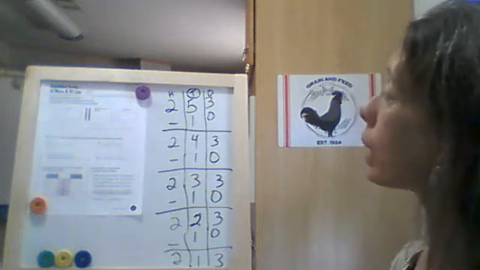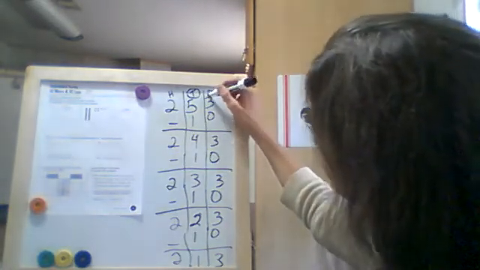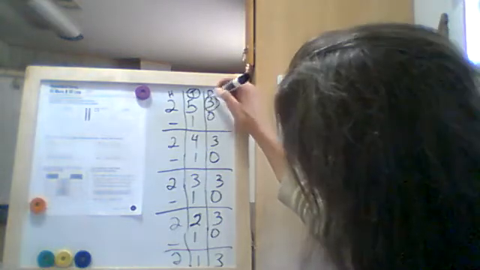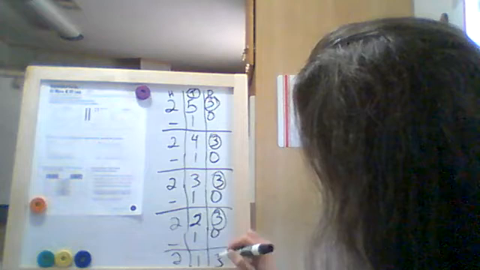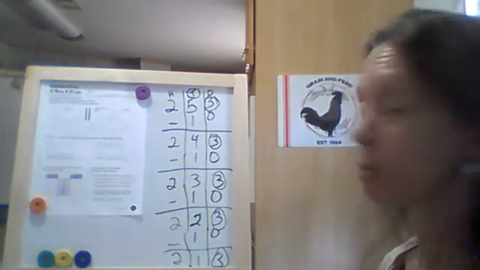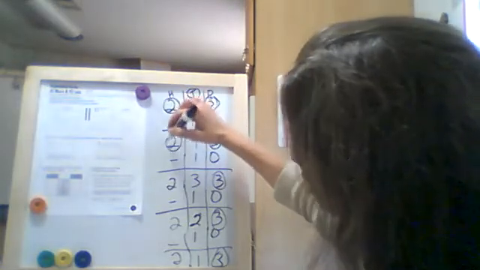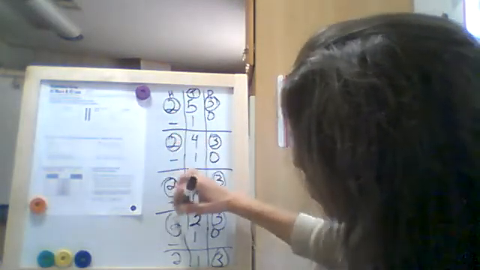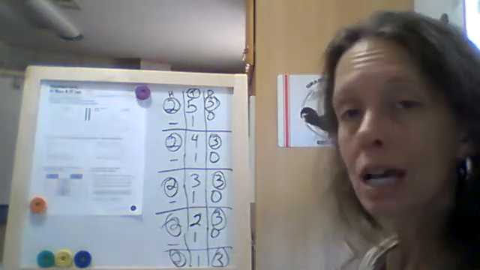So let's see what happens to our number patterns when we do this. 3, 3, 3, 3, 3, 3. Those stayed the same because it's not the tens place. The hundreds place, 2, 2, 2, 2, 2. It stayed the same because it's not the tens place.